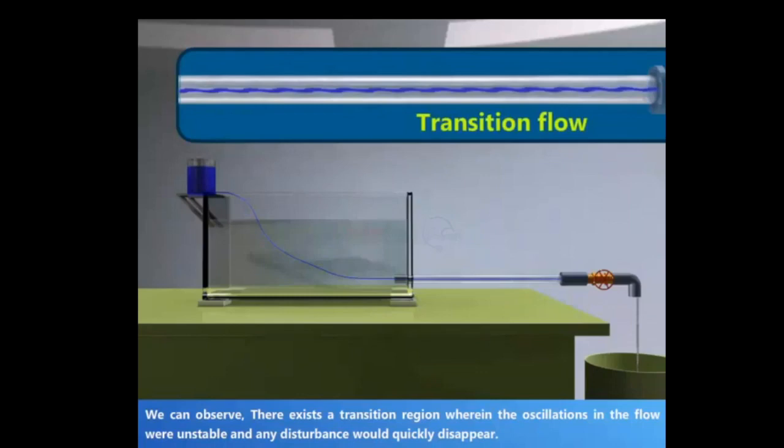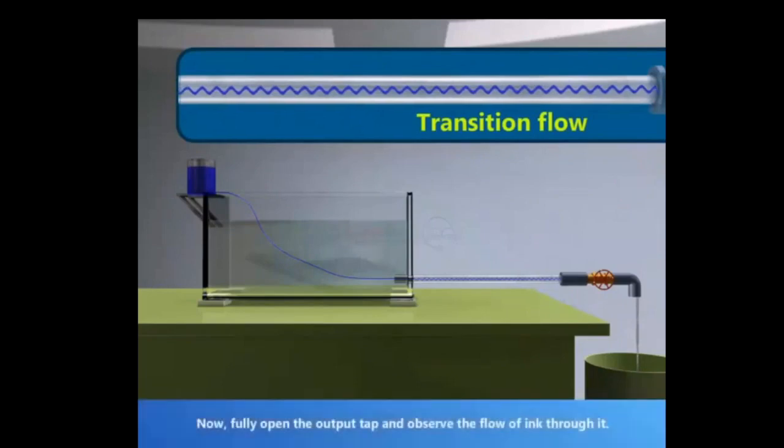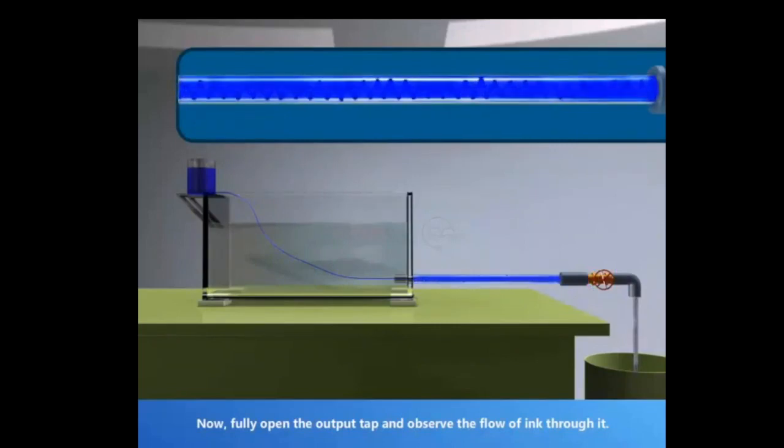So disturbance can be seen. This is the transition flow. As the velocity of flow is slightly increased, it forms a wavy pattern. Now fully open the outlet tap and observe the flow of ink through the pipe.